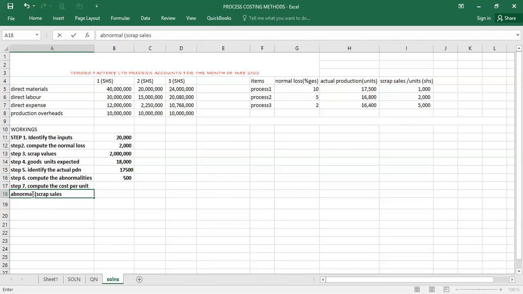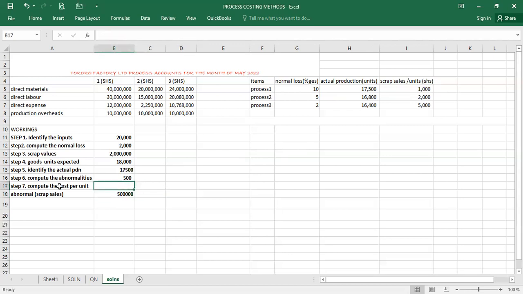Hope you can remember. If you don't get it well, you check our previous videos, because we talked about those and we explained more about them. So we multiply by our selling price for the scrapped units, then we shall be getting that.